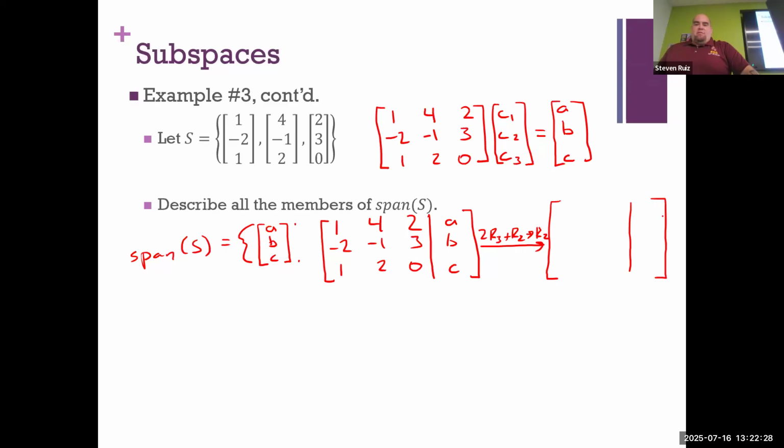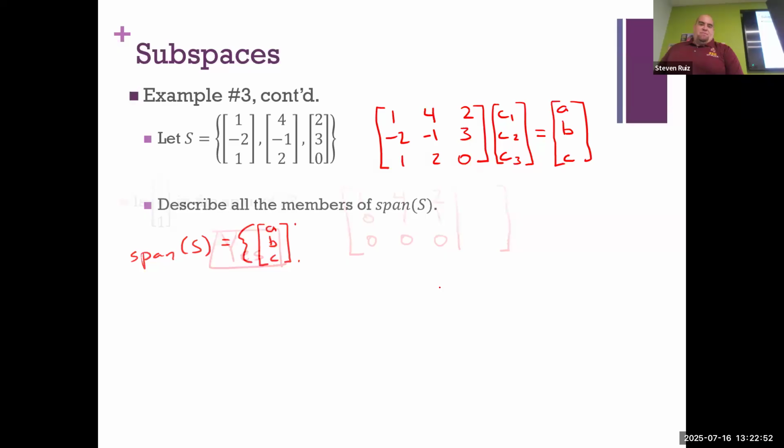So what do I get on the left here? 1 4 2, 0 3 3, 1 2 0. All right, so how does this get altered? Should be A and C still. But then what's the middle? 2C plus B. Right?